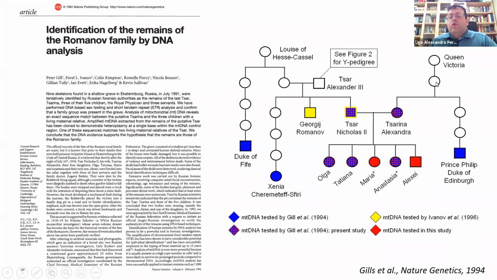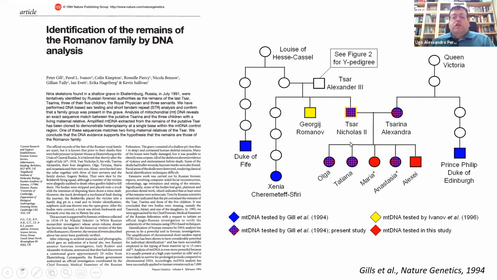See, you have Queen Victoria and then her daughter, and then you have Alexandra, but then you have a sister of Alexandra whose grandson would be Prince Philip, and it would work because boys, males, receive mitochondrial DNA from their mother. So you have an unbroken mother line right here made by circles. And that mitochondrial DNA matched between Alexandra and Prince Philip and all the children. Then for the husband, Tsar Nicholas, they tested other individuals that also shared their maternal line with him, and that was also a match.